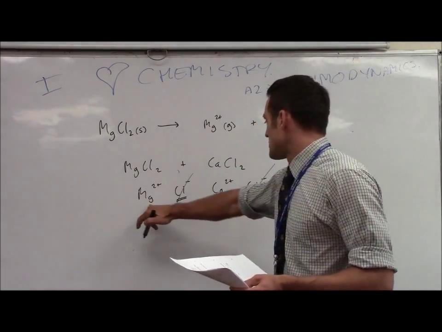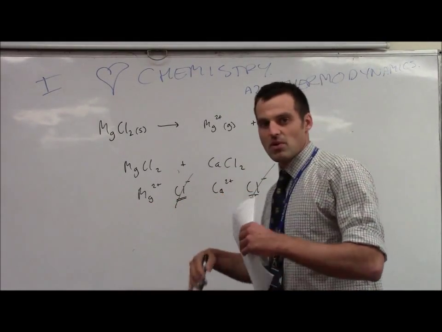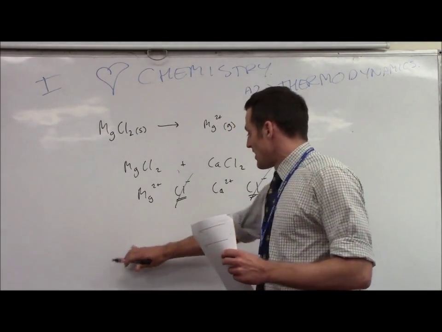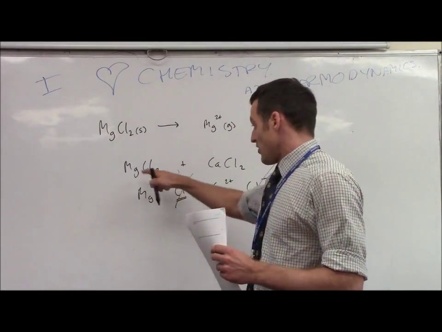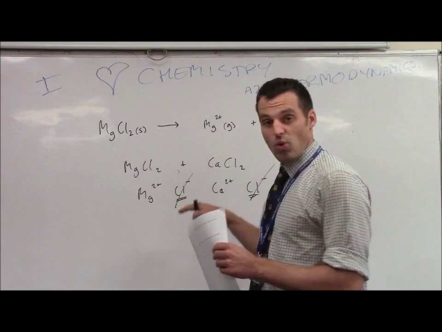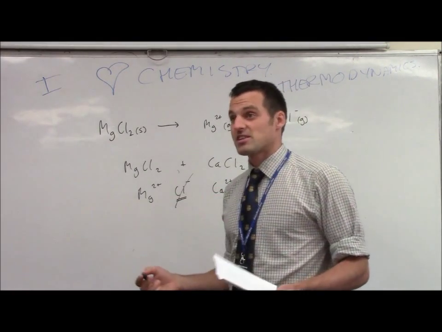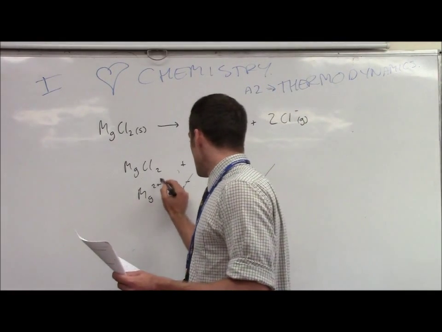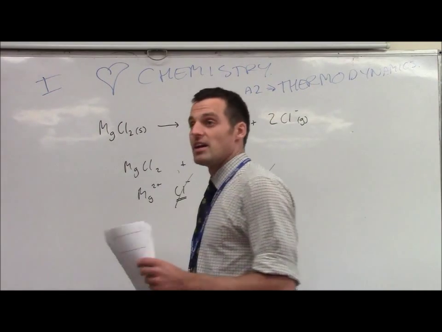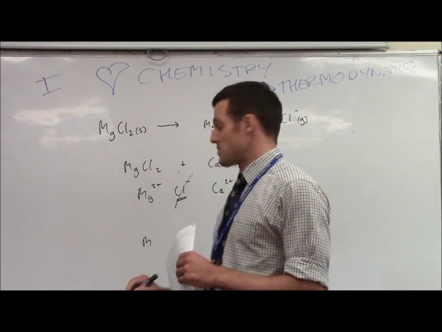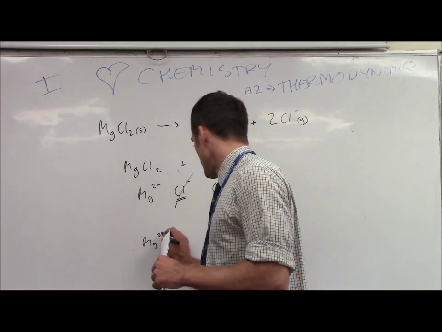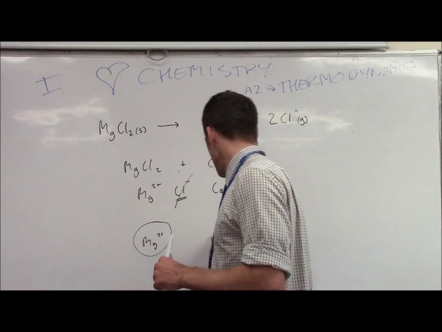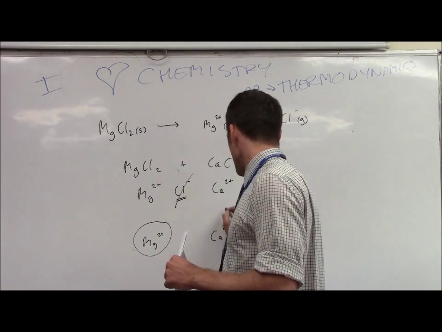So it must be to do with the magnesium and the calcium, those ions having a different ionic bond strength with the chloride ions. So look at them on the periodic table: magnesium is in period 3 and calcium is in period 4. So the magnesium ion is smaller than the calcium ion.